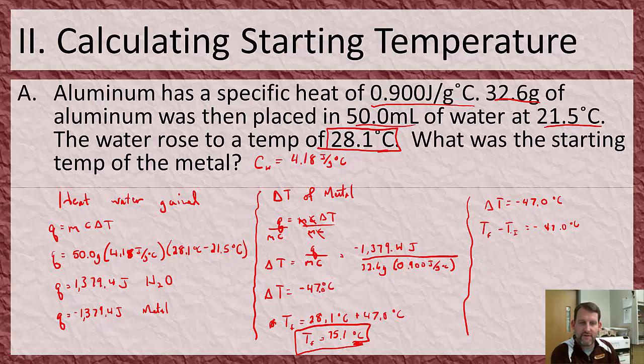And then to solve for T initial, I would add the initial temperature to both sides and then add 47 to both sides. So I would get T initial is equal to T final plus 47.0 degrees Celsius, and that is just what I did there. I'd get the same 75.1 degrees Celsius. So it works great either way.